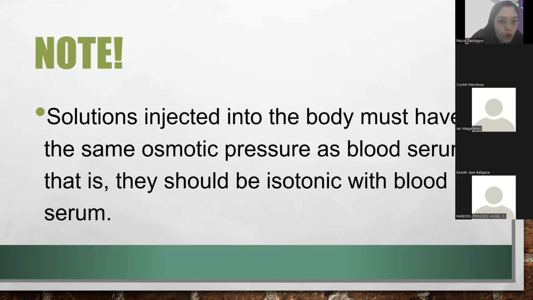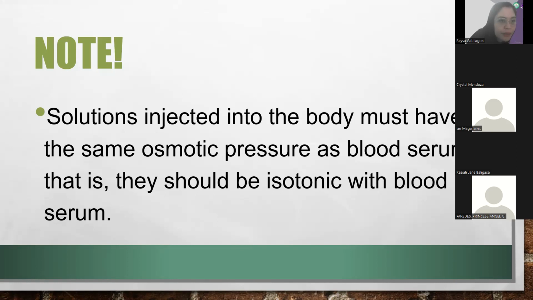When you say isotonic, it has to have the same amount of solute with our blood. Remember, our blood class is not just about the serum, the red blood cells, the white blood cells, the platelets, and all the other things that we see normally sa blood. Meron ding solute yung ating blood class.